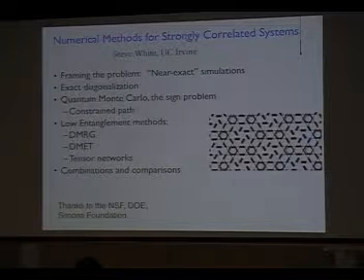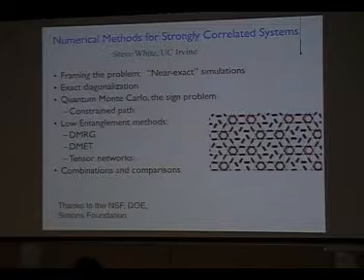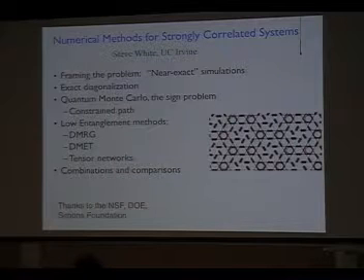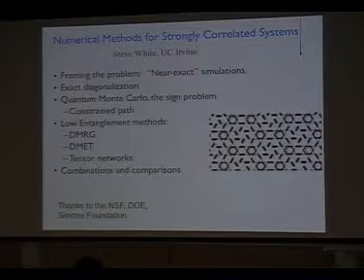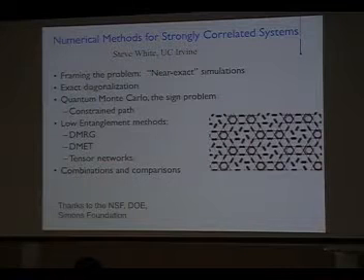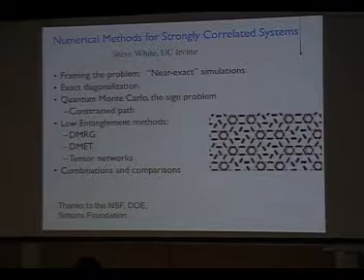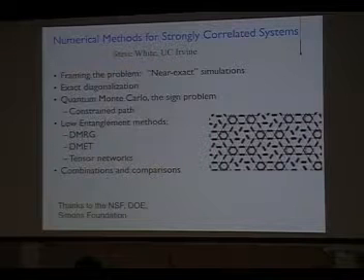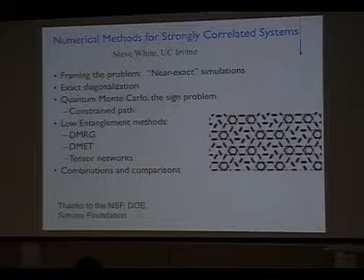And then talk a little bit about quantum Monte Carlo, in particular the determinantal type of quantum Monte Carlo that Erez mentioned, I talked about in the last talk, and then also a variation of that that controls the sign problem called the constraint path method.